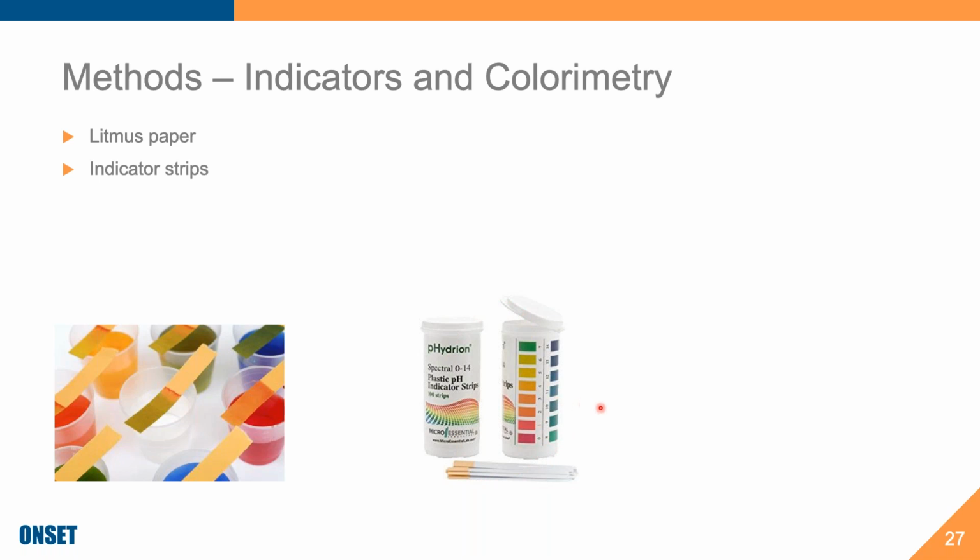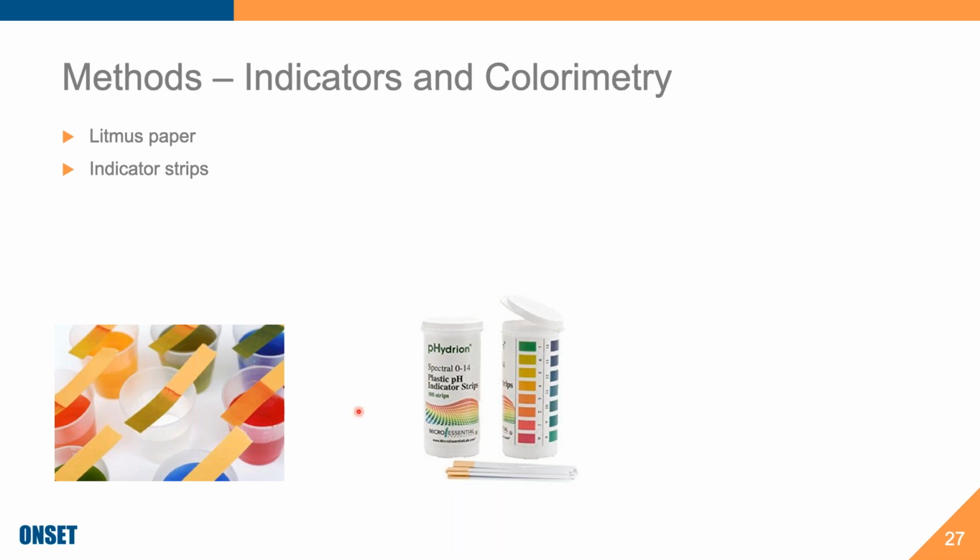And indicator strips, you take a stick and you dip it in your sample, and whatever color it changes will help you understand the pH to a 1 unit degree of pH. So you'll see if it's like 1, 2, maybe it's an 8, but you don't know exactly what it is. So these are generally very low resolution, low accuracy.